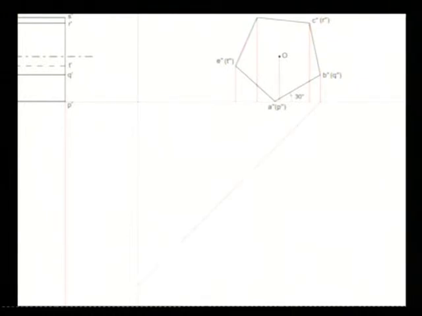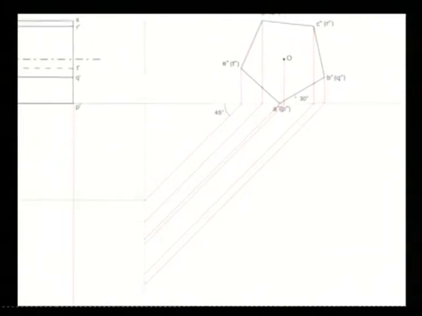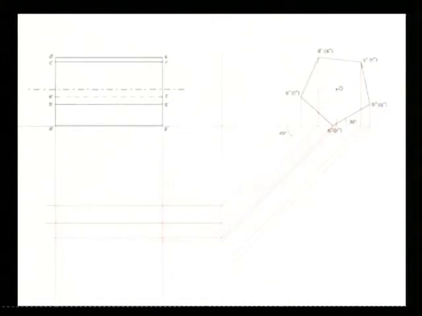From these intersecting points on XY, draw lines at 45 degrees to meet line MN. These lines are further extended horizontally parallel to XY, meeting the projectors drawn from front view.